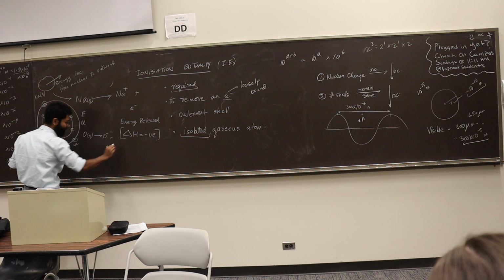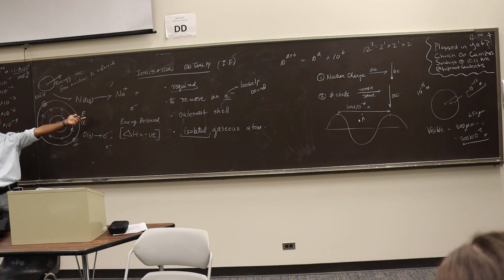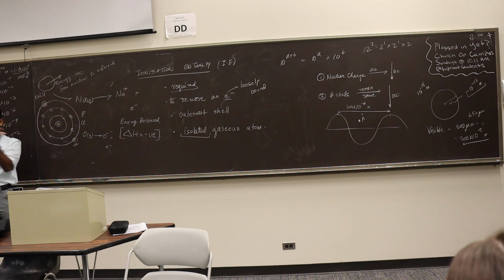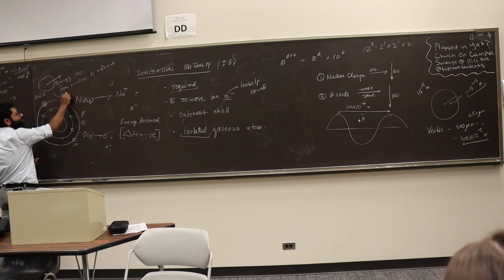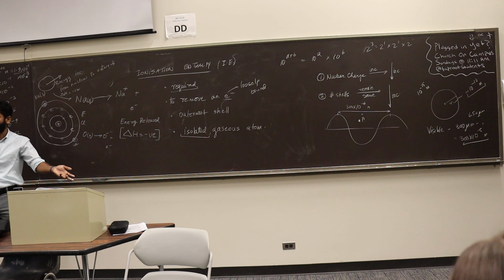O minus plus an electron. To make this a level playing field, we convert everything into a gas and then compare the ionizations, not from the solid, because that is also an energy-requiring process. You need energy to convert a sodium solid to a sodium gas, right?